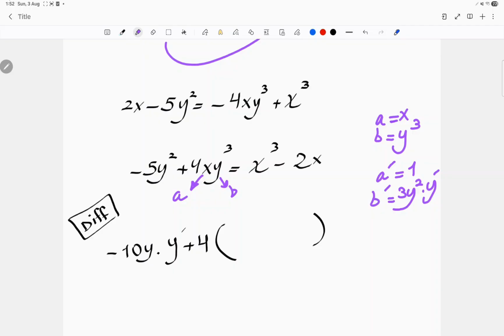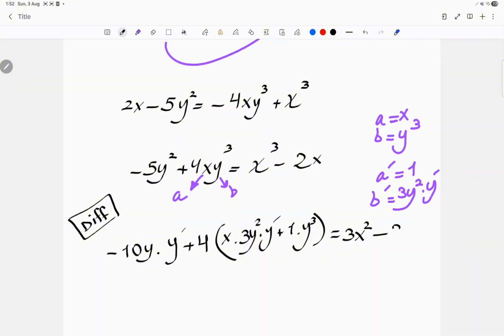Product rule. So it says a times b prime plus a prime times b. Okay? Is equal to x cubed becomes 3x squared.